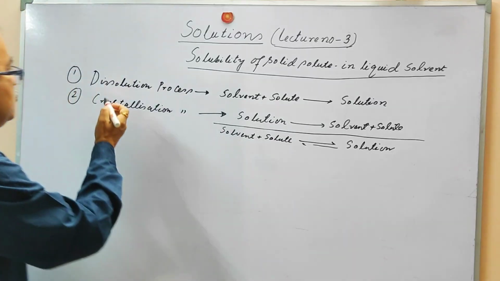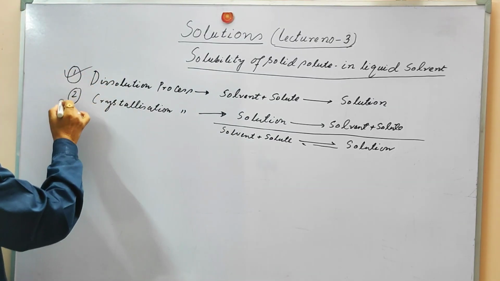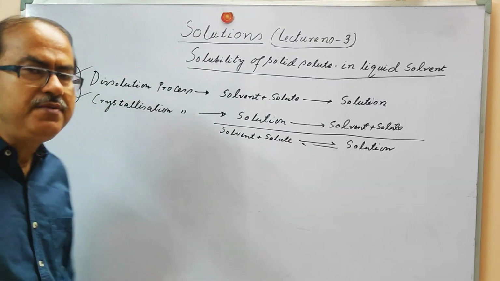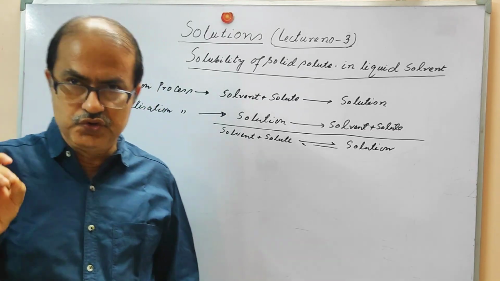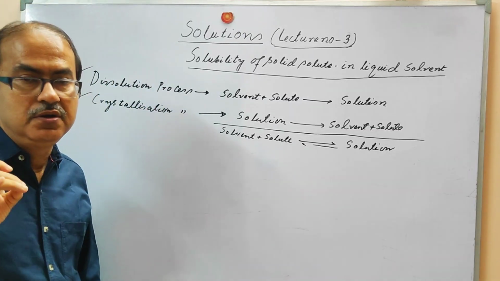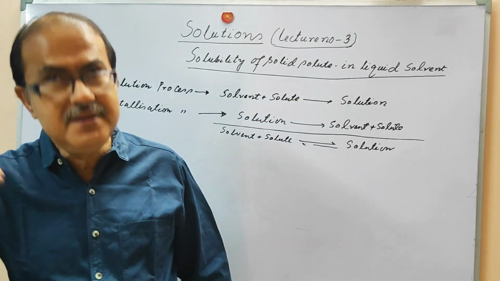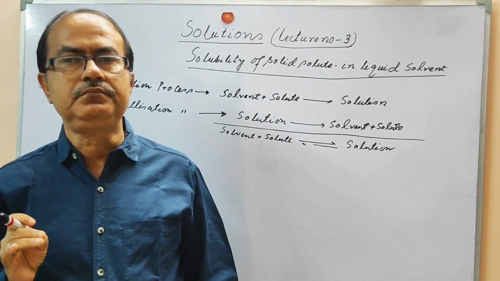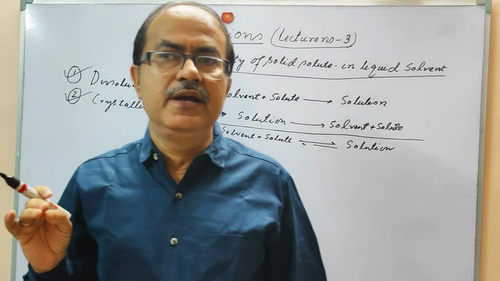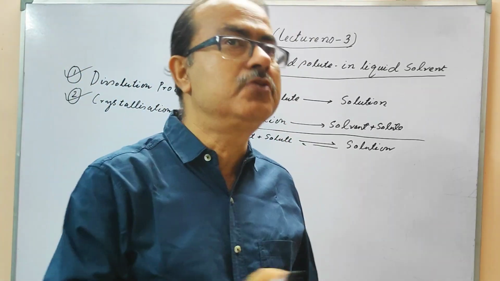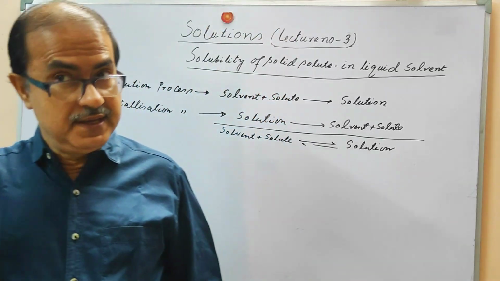These two processes, that is dissolution and crystallization, will happen such that the rate of dissolution and the rate of crystallization will be equal. Means the number of particles leaving the solution phase and the number of particles entering the solution phase will be equal.